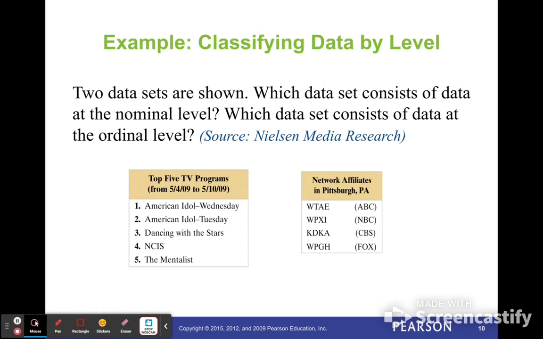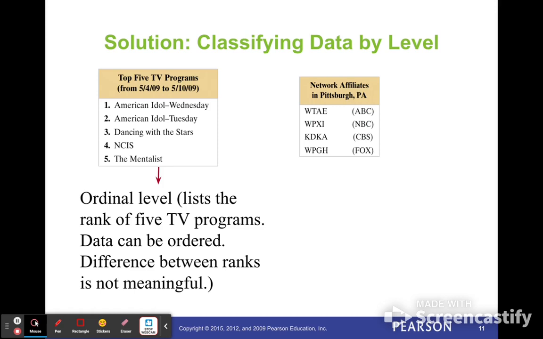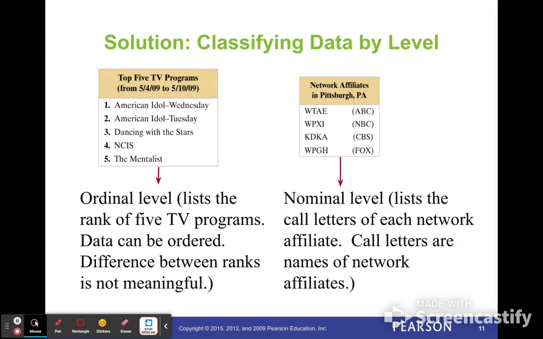So in this case, the one on the right is nominal, and the one on the left is ordinal. As you can see, difference between ranks is not meaningful. And this is nominal level. So clear the difference. I hope this is clear. So we have the first two.